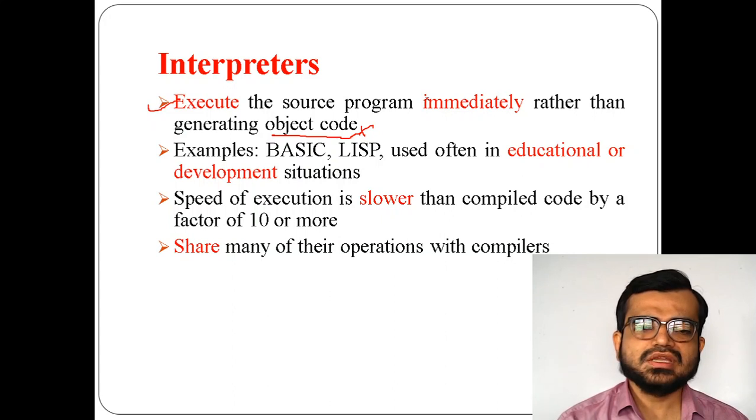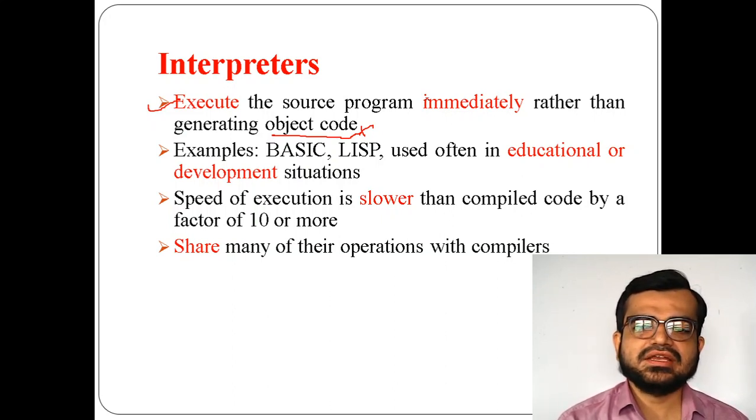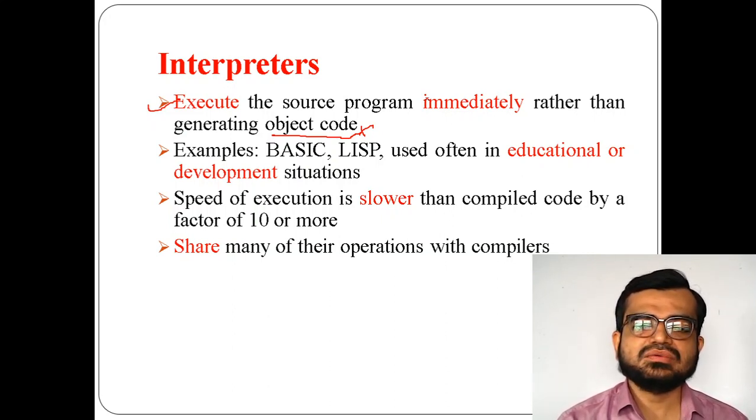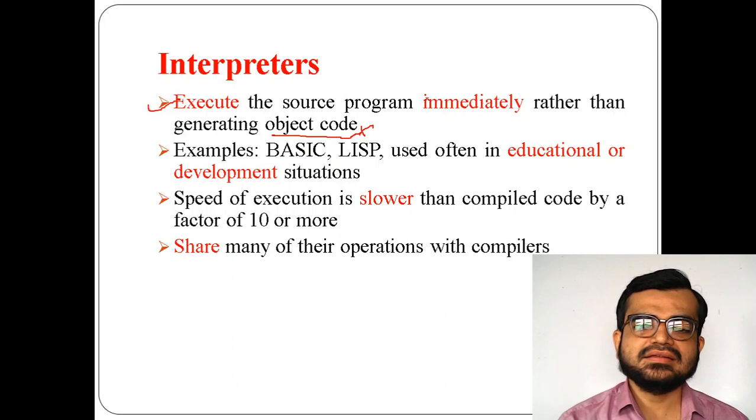Okay, but the problem with an interpreter is that the execution speed is very low compared with the compiler. Why? Because the interpreter interprets the code line by line. For example, if there are 10 lines of code, the interpreter checks line by line, but the compiler will compile all 10 lines at once.